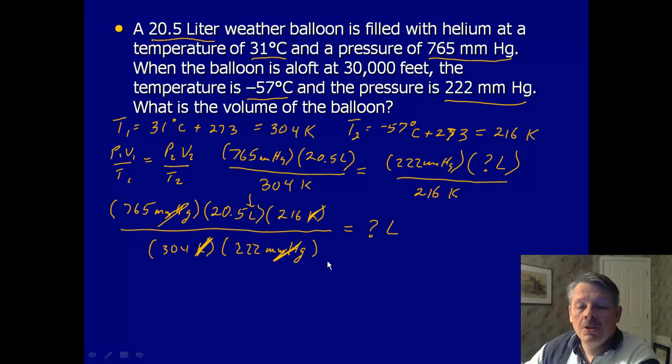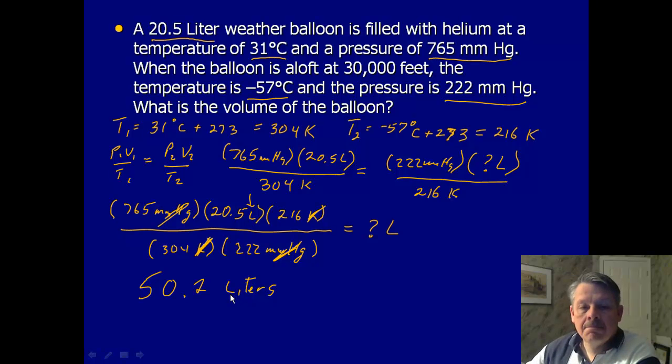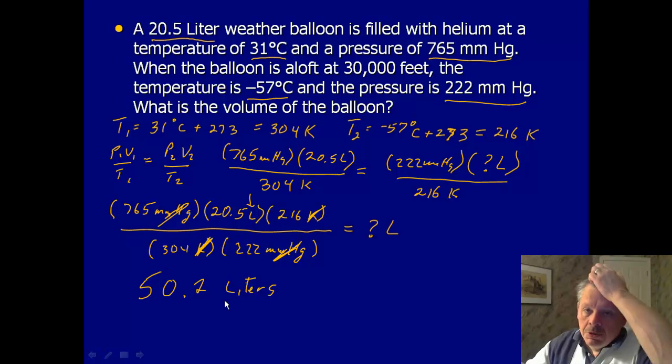So when we do this, we come up with a final volume of 50.2 liters. Hopefully you saw how to do that. You should be able to just plug and chug these things in for yourself.